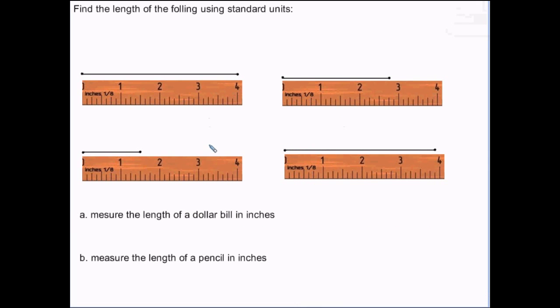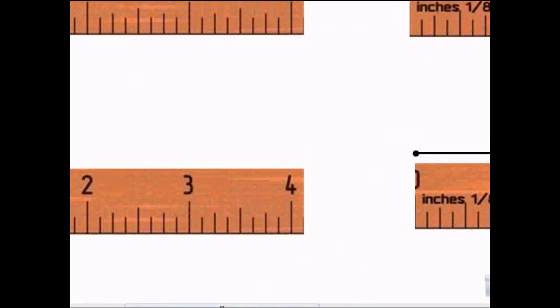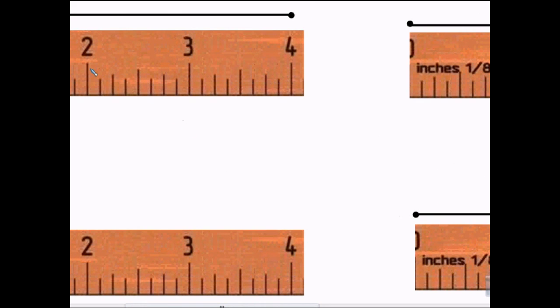In standard units, we have on this ruler, I'm going to enlarge it. We have 2 and 3. This line right here is 1/2. Halfway between the 2 and the 1/2 is 1/4.